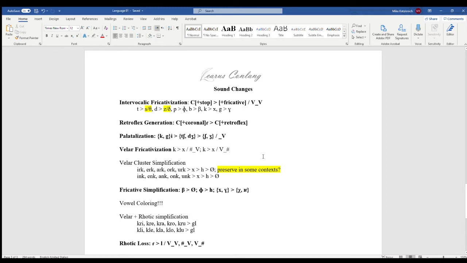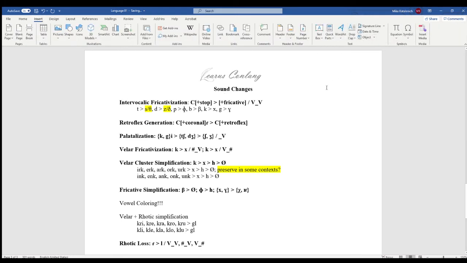Now, order-wise, I need to figure out if there's something to this. K becomes h, becomes a nothing consonant when it's preceded by R, and then comes at the end.